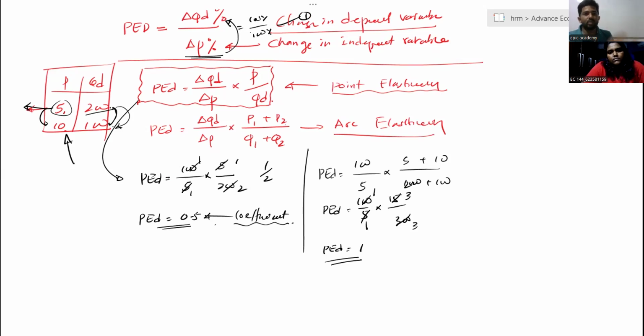Calculate the arc elasticity between 2 prices. So then use the arc elasticity. They clearly identify what they are going to ask. Sometimes they are not going to ask about point or something like that. They are asking, calculate the elasticity between price 10 and 5. So now you have to identify this is arc elasticity calculation. Okay.